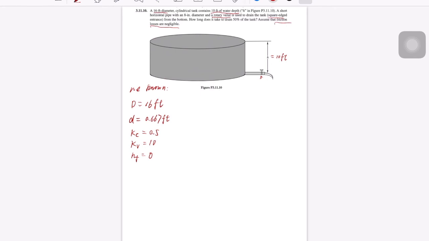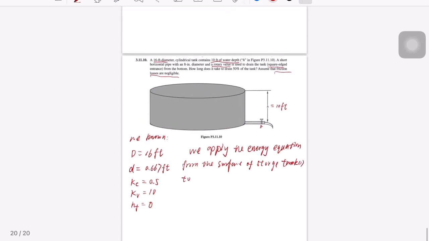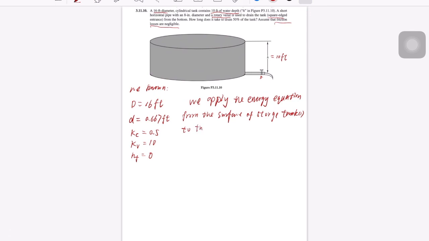So now we need to apply the energy equation from the surface of storage tank 1 to the outlet of the pipe 2.